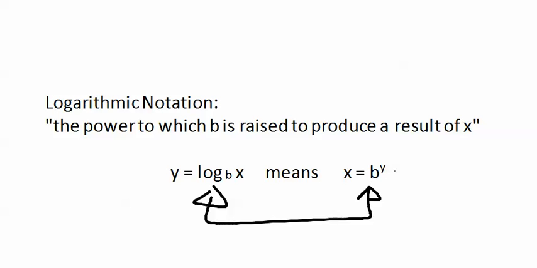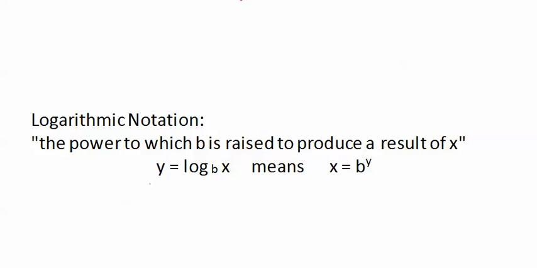So if we look at the exponential form, b, that base, as we would say normally for exponents, becomes the base of the log. That's that little subscript right there. It will equal the exponent, and whatever the log of that base is, that's where x is. How would we read this? The log of x to the base b.